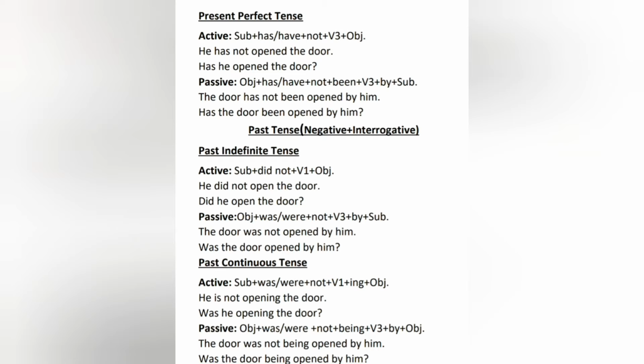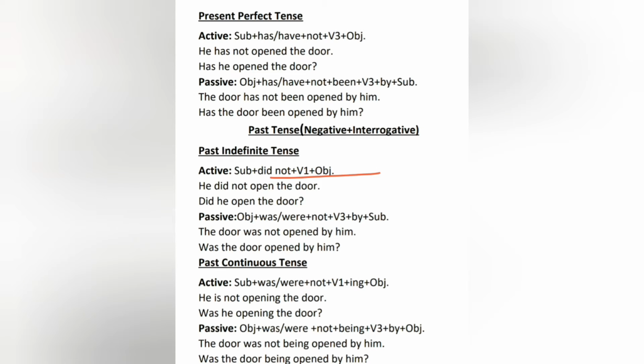Now dear students, let's move to the next tense, that is past tense. To make the negative form of active voice past indefinite tense is: subject, did not, with V1 and object.